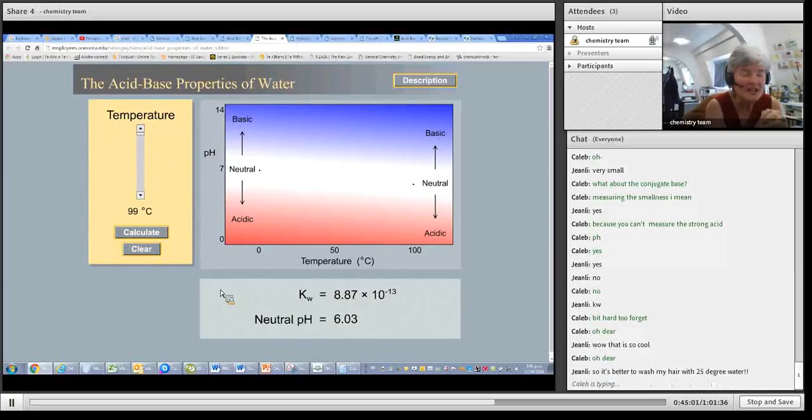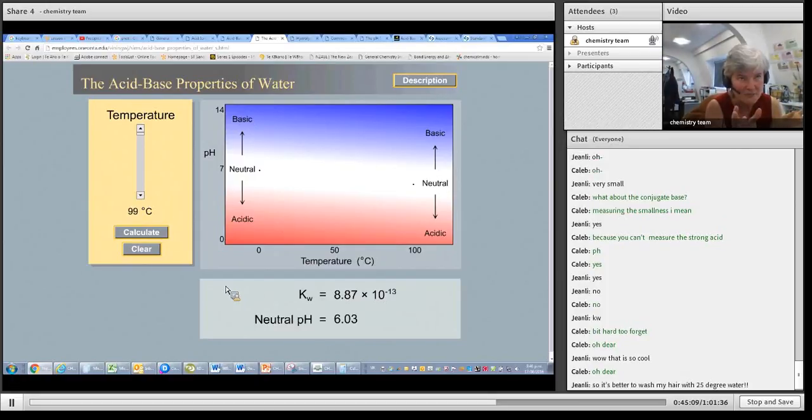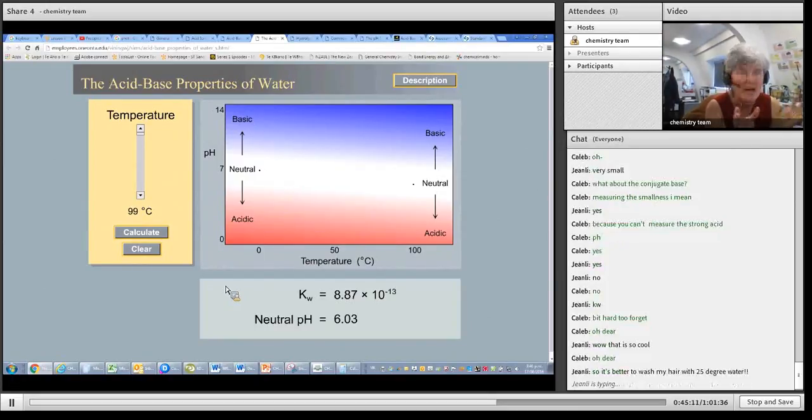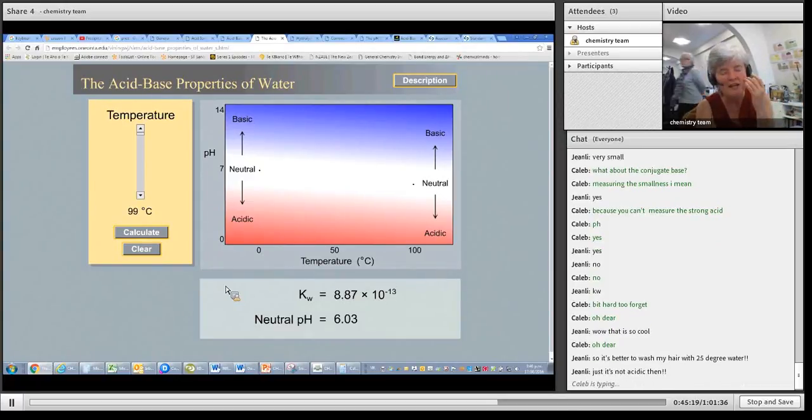Actually, you will still have equal amounts of hydronium and hydroxide ions as such. Oh no, hang on. I'm going the wrong way around now. I'm thinking of if you're told it is neutral, then you'll have equal amounts of that.